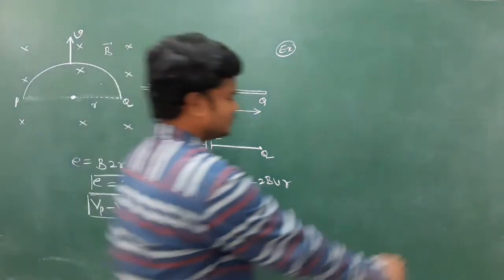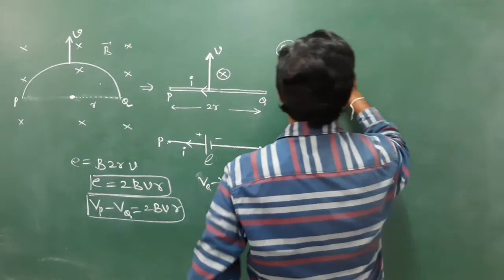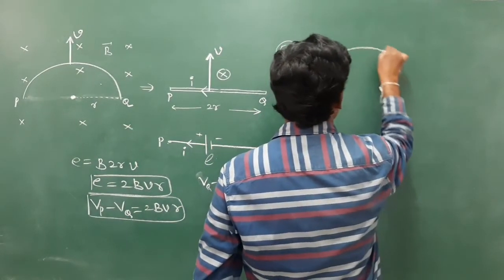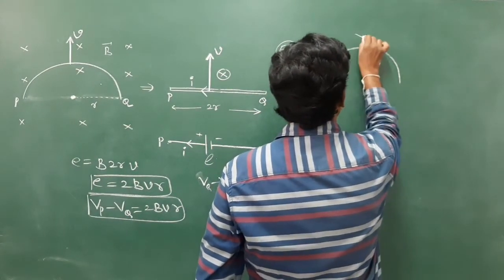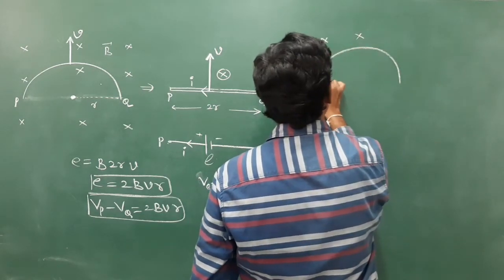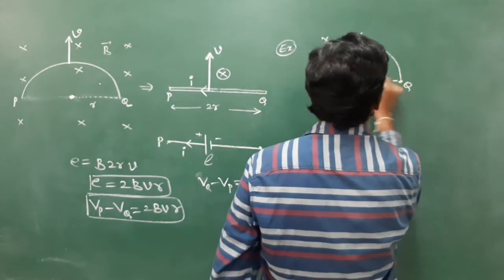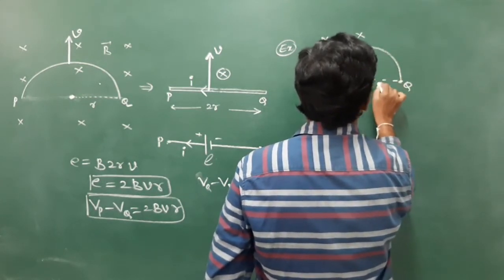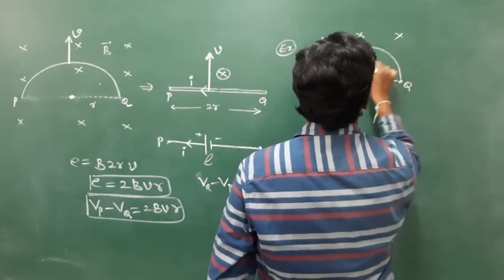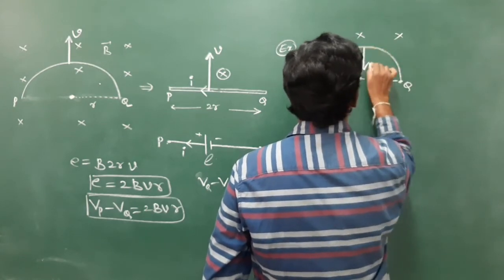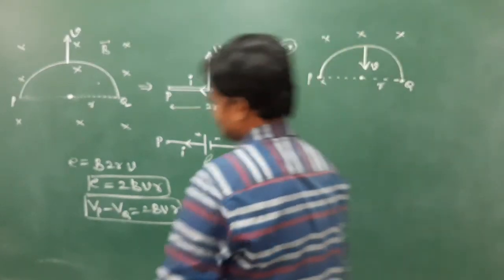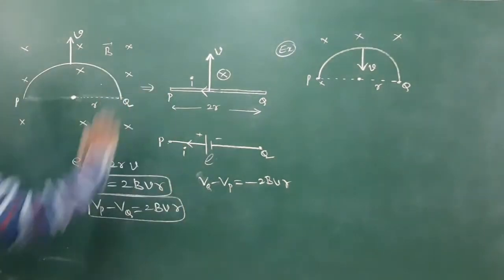Same P, Q, R. See, there is no wire here. Field is into the board, but it is moving down with a speed V. Then do it fast. Check it.